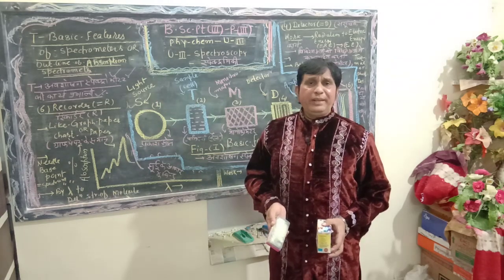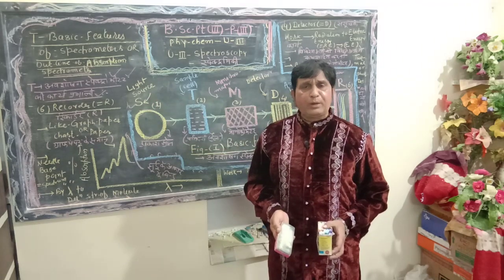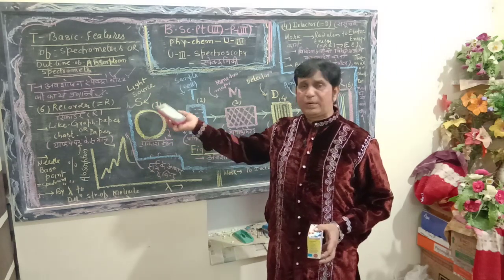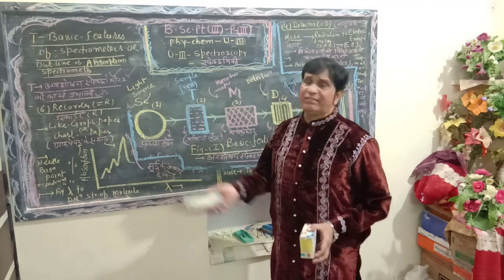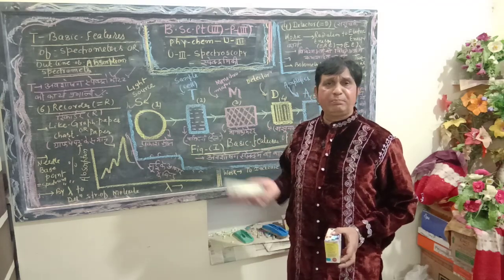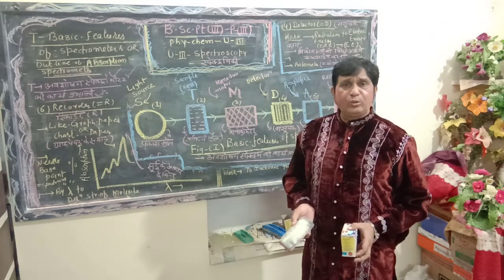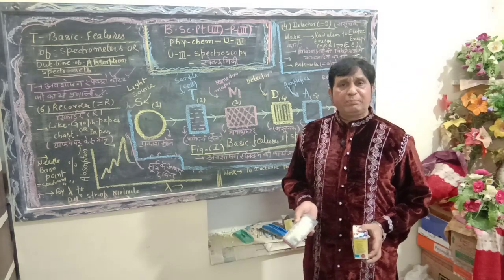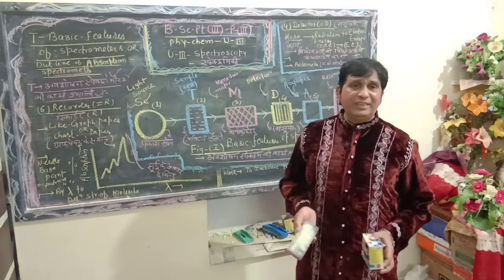In order to explain the basic features of spectrometers: the spectrometer is the apparatus, the device, the instrument, which is the joint form of various parts, in which the first part denotes the light source, which is further connected to the second part, symbolized by T, the sample cell T.